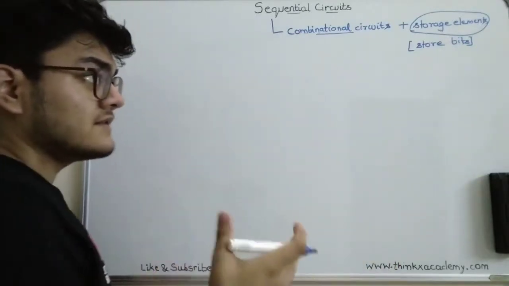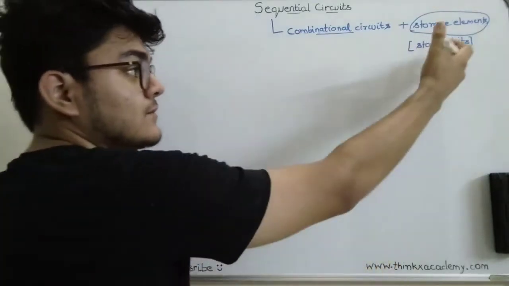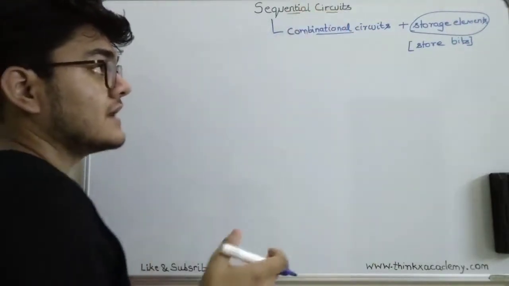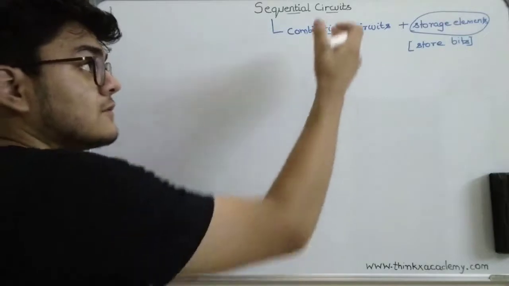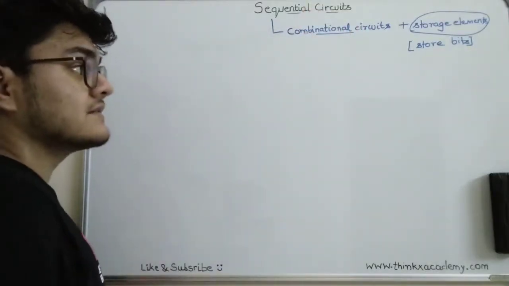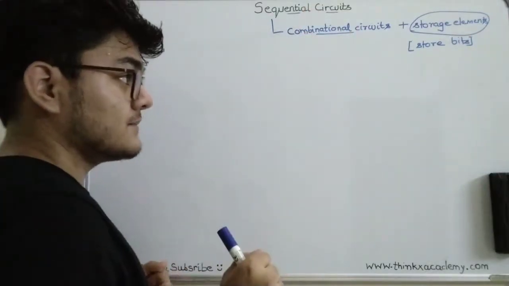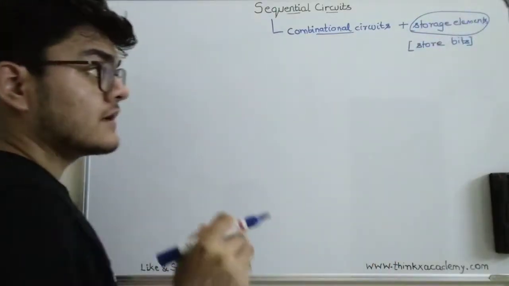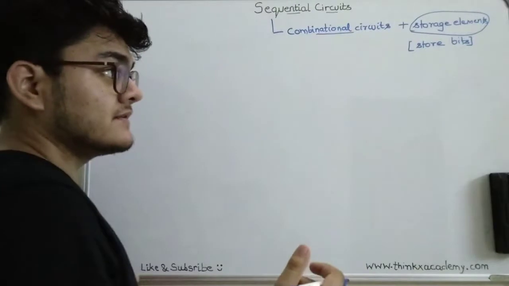The question arises: why is there a need to store the bits? That's where lies the main essence of introducing sequential circuits in our computer system architecture. So let's understand the use of adding these storage elements.